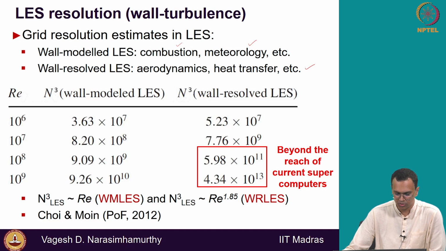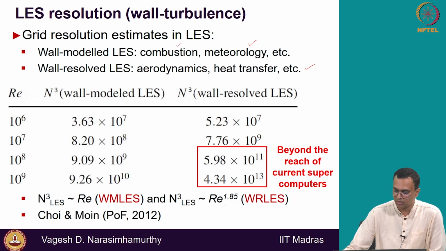So that is almost true here. You can see it is about 10 raised to 9 and so on. So you can almost see that the wall modeled LES demand is scaling like Reynolds number more or less, and for the wall resolved it scales like Re raised to 1.85, and for DNS you see that it is 2.25.